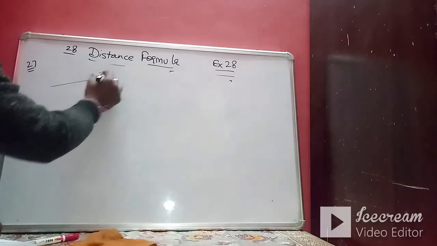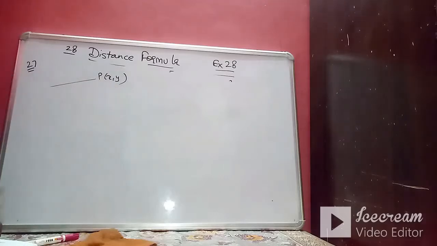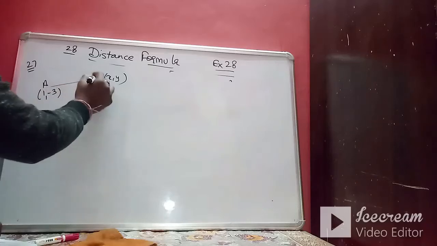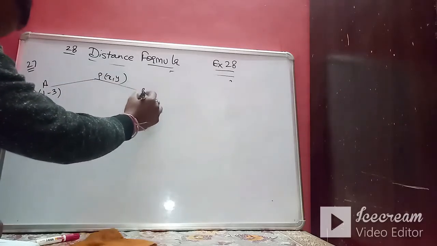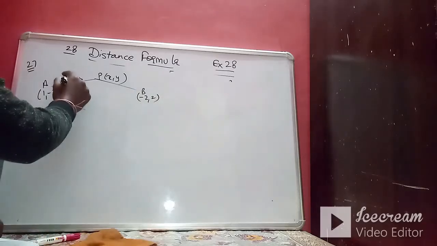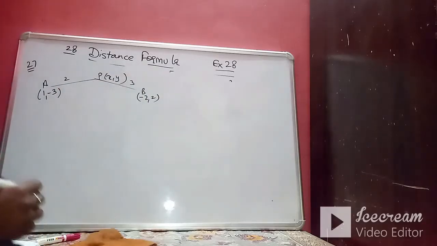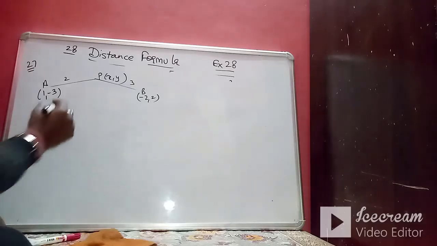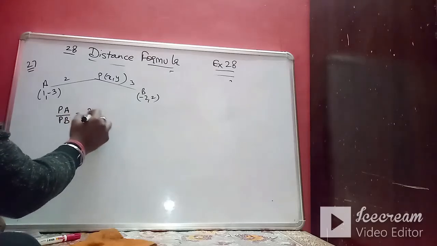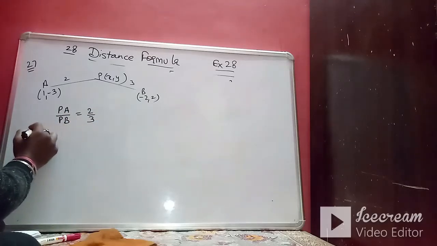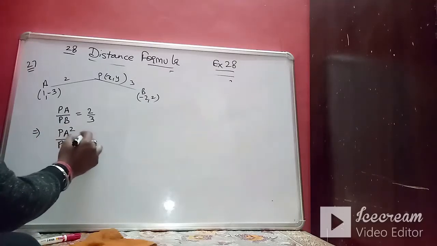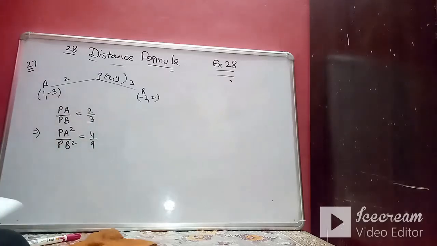One point P is there, it is (x, y), and its distance from point A (1, minus 3) and point B (minus 2, 2) are in the ratio 2:3. So what is given? PA upon PB is 2 upon 3, or we can write PA square upon PB square equal to 4 upon 9.